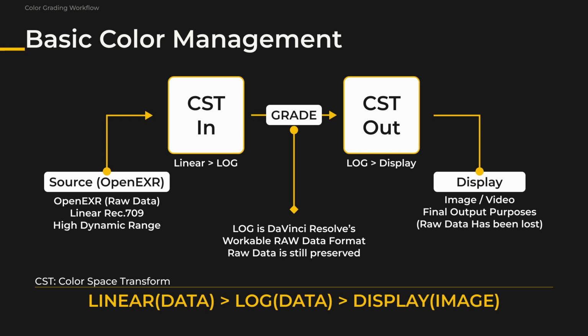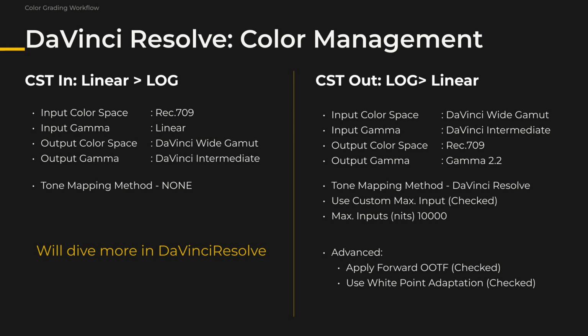And then after that, we are going to convert that log format into a display format, meaning the monitor that we're going to be color grading on. So that is basically it. And for the CST, it means color space transform. This is a look at the settings that we are going to be applying to our CST in node and then to our CST out node.